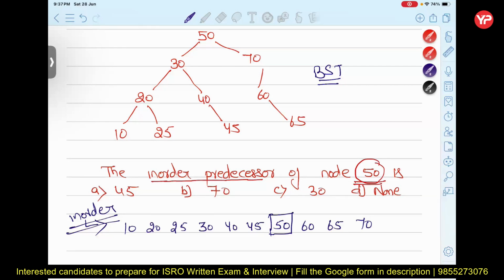I'm not talking about binary search or binary tree. I'm talking about binary search tree. So the in order predecessor of element 50 is 45, and 60 is the in order successor of 50. So A is the right answer.